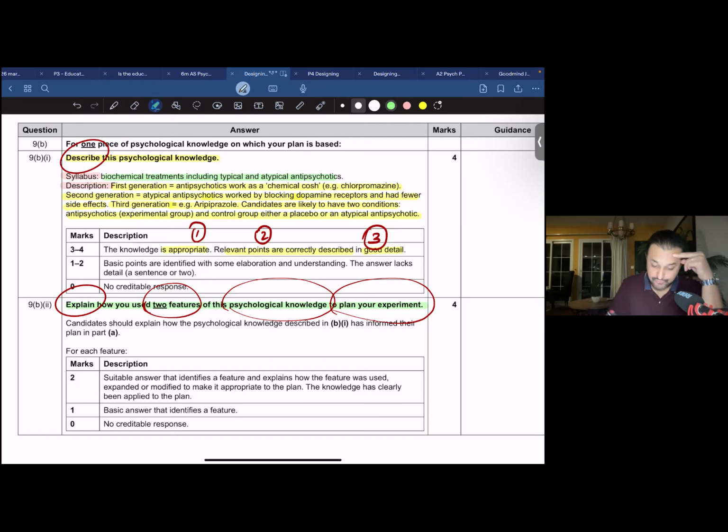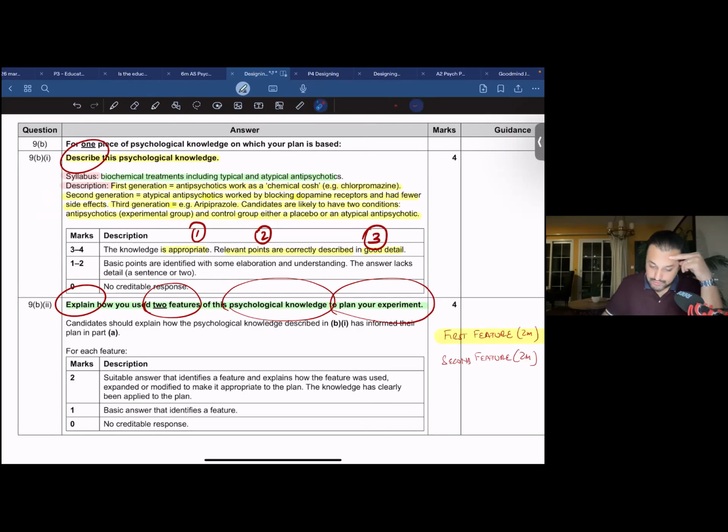Because there are two features, for the first feature we are expected to write worth 2 marks. For the second feature, we are again expected to write worth 2 marks. So for these 2 marks, let's see what all is expected from us.